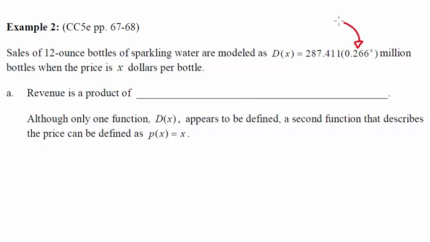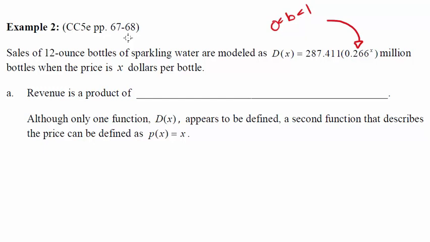Here we have a B value that is between 0 and 1, so this is going to be decreasing, which makes sense. As I increase my price, as these bottles of water get more expensive, I'm going to sell fewer. People are going to say that's too expensive and not purchase them.